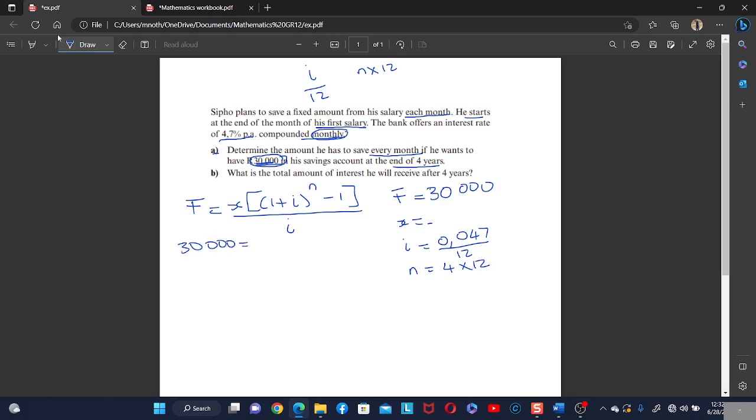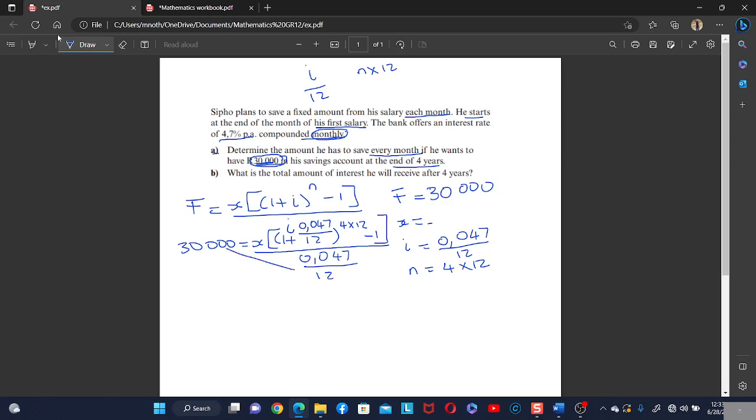Okay, now future value 30,000 is equal to, we're not given the x, so it's 1 plus I, so it's 0.047 divided by 12, and then n is 4 times 12, minus 1, over I, so I is 0.047 divided by 12.